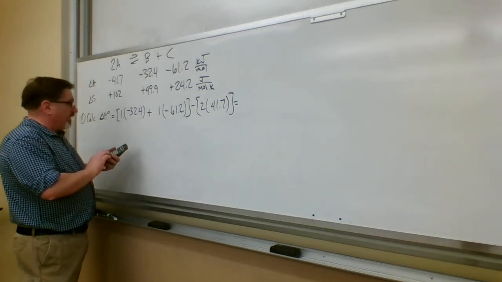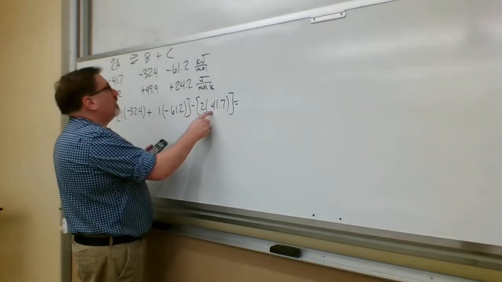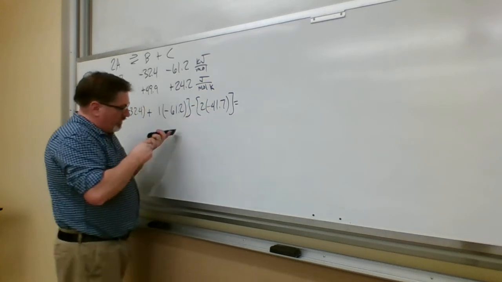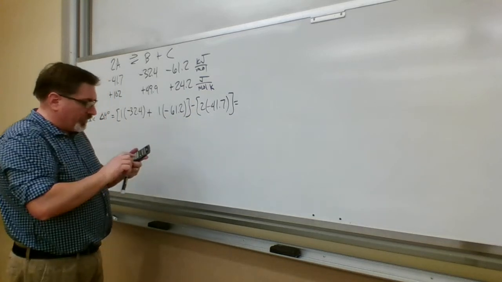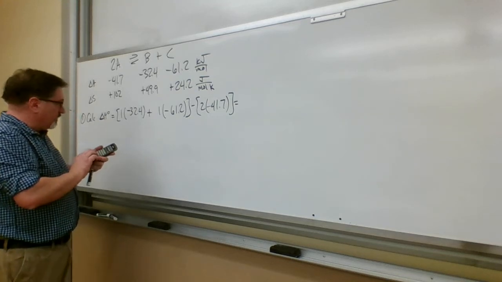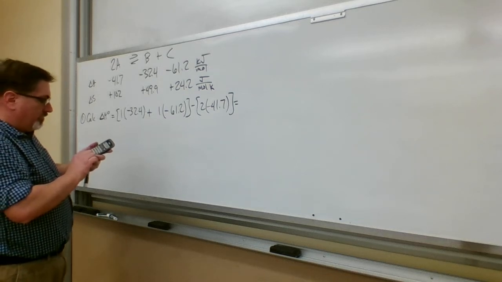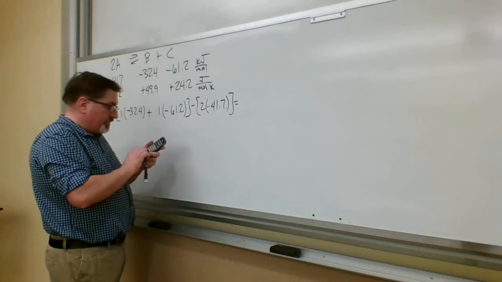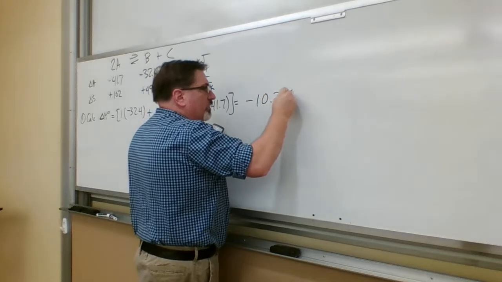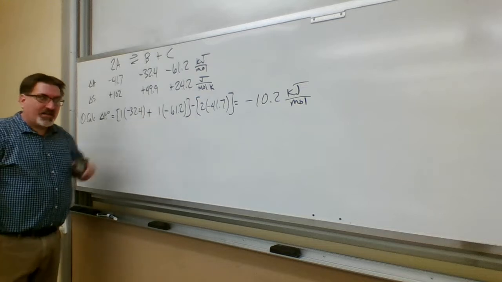Minus 32.4 minus 61.2. There should be a minus sign on the 41.7. So plus 2 times 41.7. I get minus 10.2 kilojoules per mole. That's delta H at standard conditions.